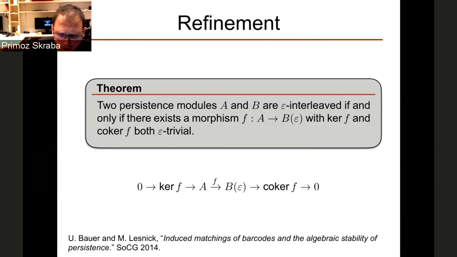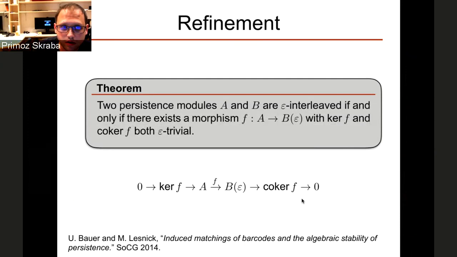Ulrich Bauer and Michael Lesnick a few years ago now proved in this very nice paper this single morphism characterization of interleaving, where they said two modules are interleaved if and only if there exists this short exact sequence in this function f where the kernel of this function and the cokernel of this function are epsilon trivial, so they're epsilon interleaved with 0. So this is the starting point for thinking about this.